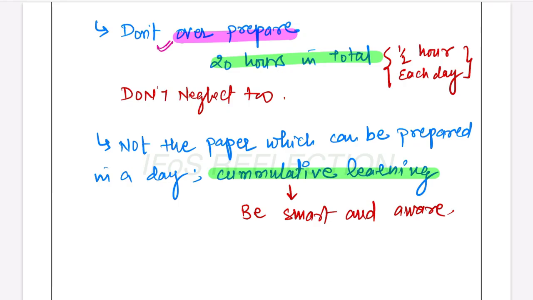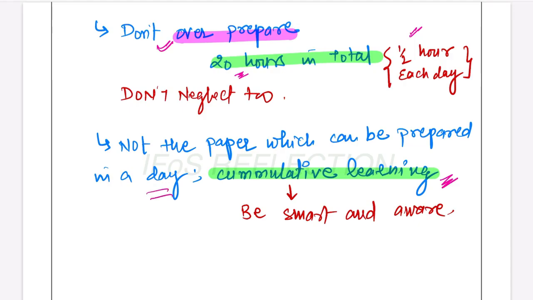You may compromise on the GK and the other two optionals if you over prepare it a bit. As I've said earlier, 20 hours in total are required, and you can keep 1 hour each day so that English will act as an escape for you, and also it is something which requires cumulative learning. It is not a paper which can be prepared in a day.